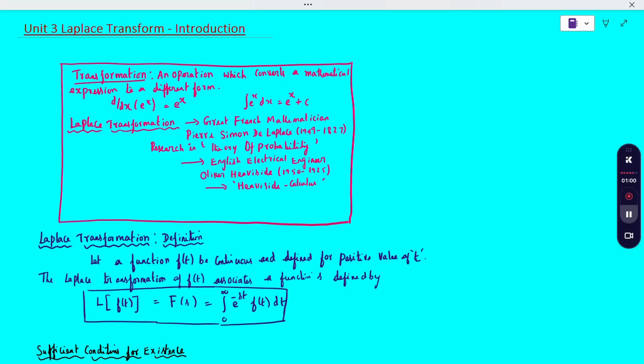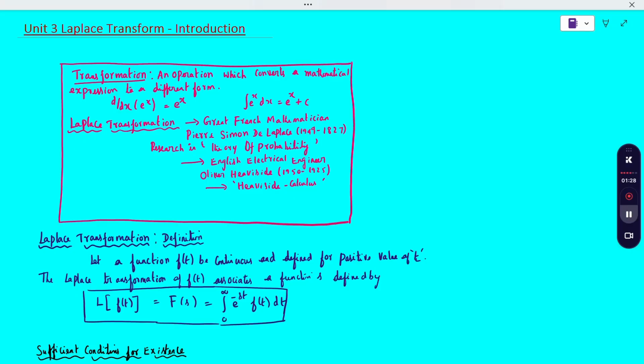So now we will come to our definition. Let a function f of t be continuous and defined for a positive value t, then we can write the Laplace transformation of f of t, associated with a function of s, defined by Laplace transform of f of t equal to... When I write Laplace transform of f of t, it is converted, or transformed, with respect to some other variable.